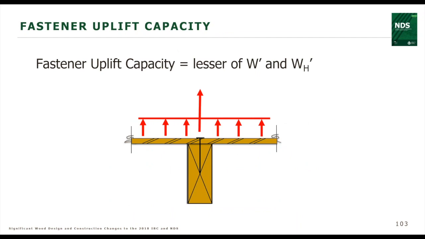So we're going to do just a quick example here and demonstrate the analysis that you'd need to undertake when determining a fastener uplift capacity. The uplift capacity of a fastener is going to be the lesser of the withdrawal capacity and the fastener head pull-through capacity.